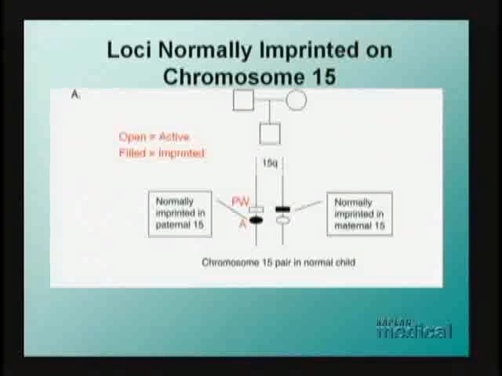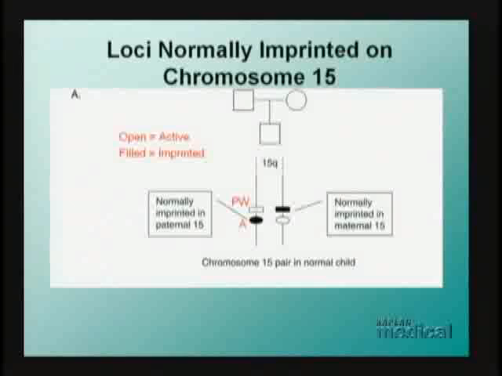This diagram is meant to indicate the inheritance of chromosome number 15, and it indicates that on chromosome number 15 there are two genes relatively close together. We will call them the Prader-Willi gene and the Angelman gene.